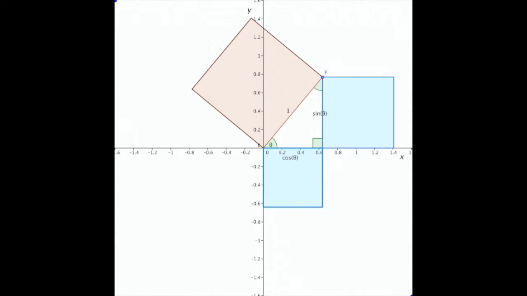Whatever the angle theta is, the y-coordinate or height of point P is known as the sine of theta, and the x-coordinate of point P is known as the cosine of theta. Watch what happens as we go on increasing the angle theta. The sine of theta is always the y-coordinate of point P, and the cosine is the x-coordinate of point P.